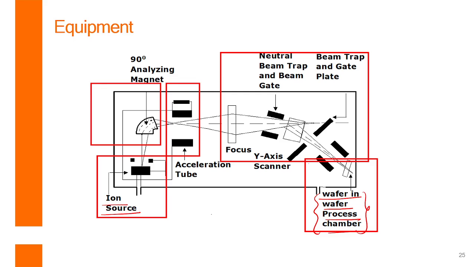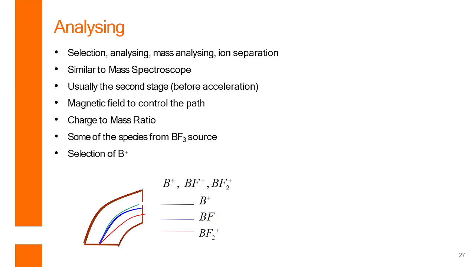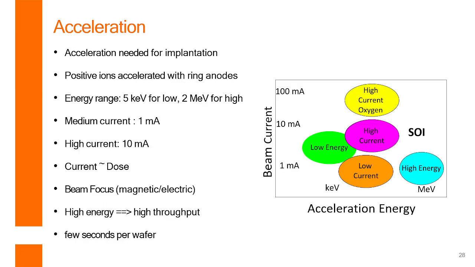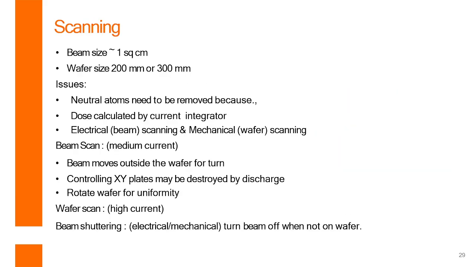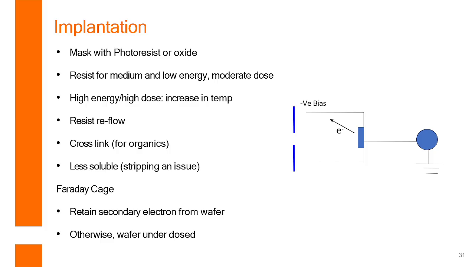Basically, this is done at room temperature, low temperature, whereas diffusion is done at high temperature. So this is implantation: acceleration, target chamber.